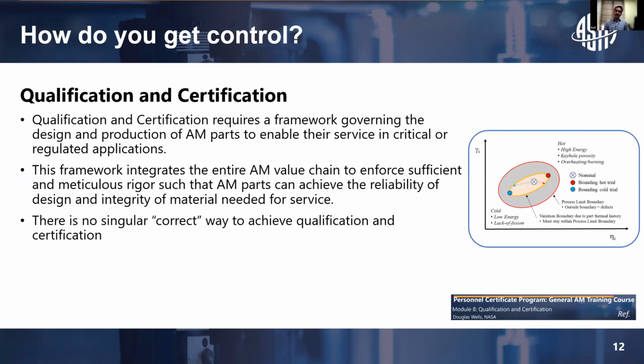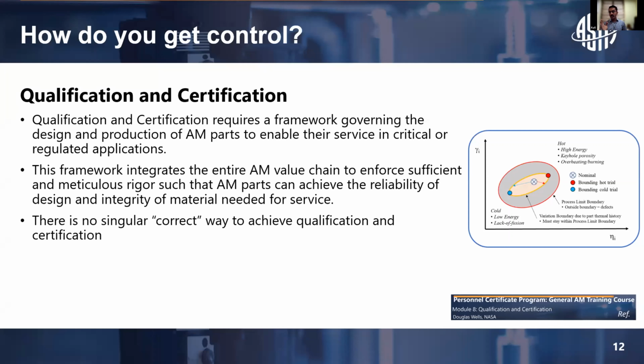So how do you get control? You have all these different stages, and we know that we need to have control in place. So you can get this control by creating a qualification framework, which means you are qualifying each and every stage of your additive manufacturing process, and you can create a framework to govern those production activities.